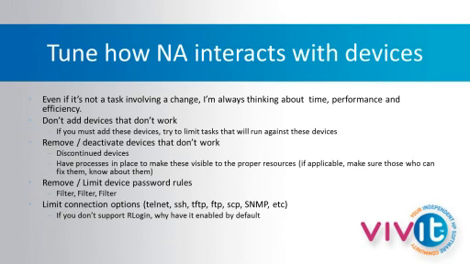Another area that you can work on is remove or limit device password rules. And the key here is just filter as much as you can. The more rules that a device needs to try before it gets in, the longer the task is going to take. Sure, if network automation can use the last password that it used and was successful, that's great.